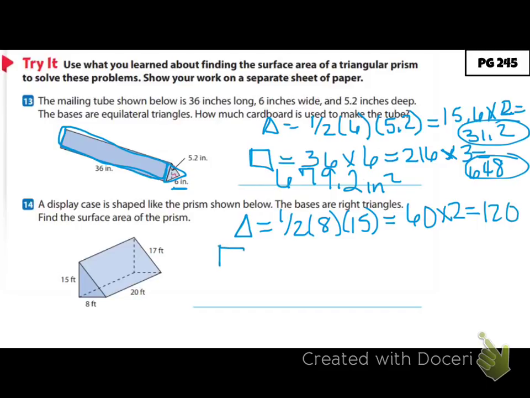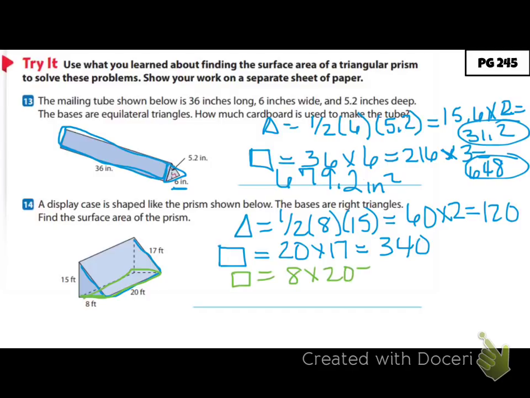So then I look at my rectangular shapes. This one here is 20 by 17, which gives us a total of 340. The rectangle on the bottom is 8 by 20, which is 160.